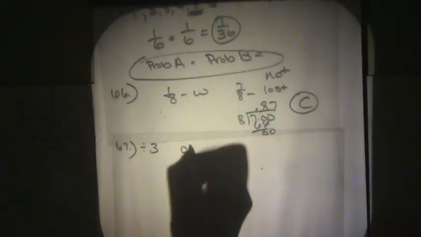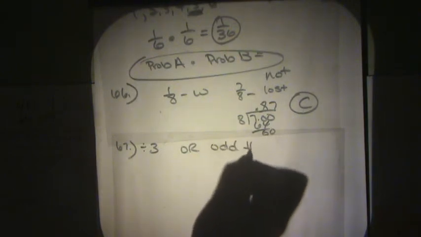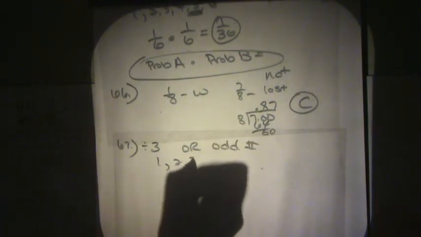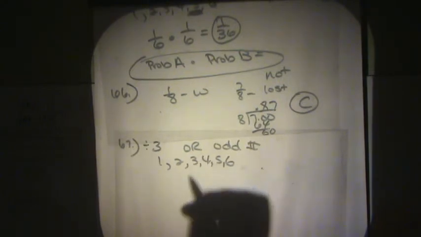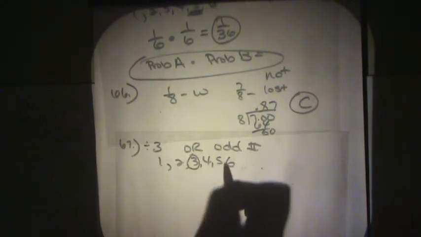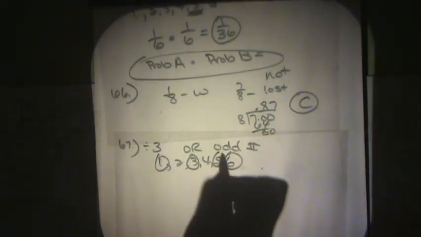You want to get a number divisible by 3 or an odd number. So I'm going to list those numbers. And you're going to circle them or whatever. So divisible by 3 would be 3 and 6. An odd number would be 1, 3, and 5. How many numbers did I circle or underline?